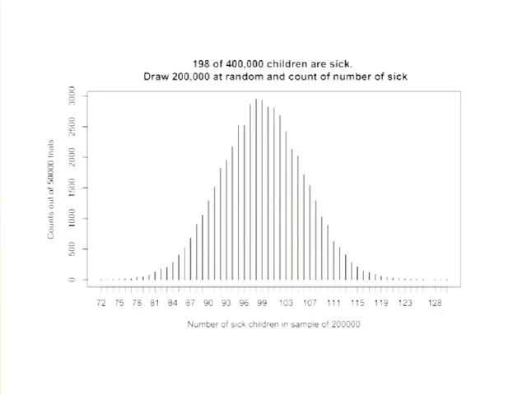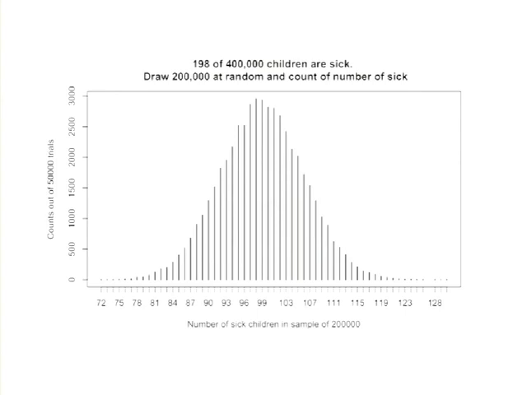So let's read the axes. The x-axis is the number of sick children that wound up in my sample of 200,000. The y-axis is the count out of how many of those 50,000 trials did I get that many children that were sick. In other words, the most popular was 99 or 98. So most often I got roughly split right down the middle, 98 or 99 children that were sick in my group.